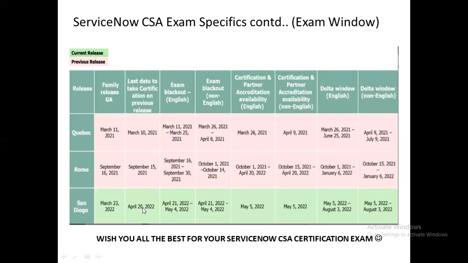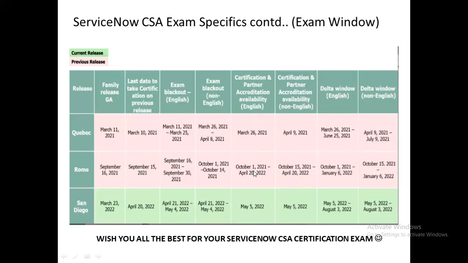Why? Because by April 2022, if you see this date of Rome certification partner exam, right? Certification partner accreditation availability. So you could give this Rome exam until April 2022. So just a few days from now, right?